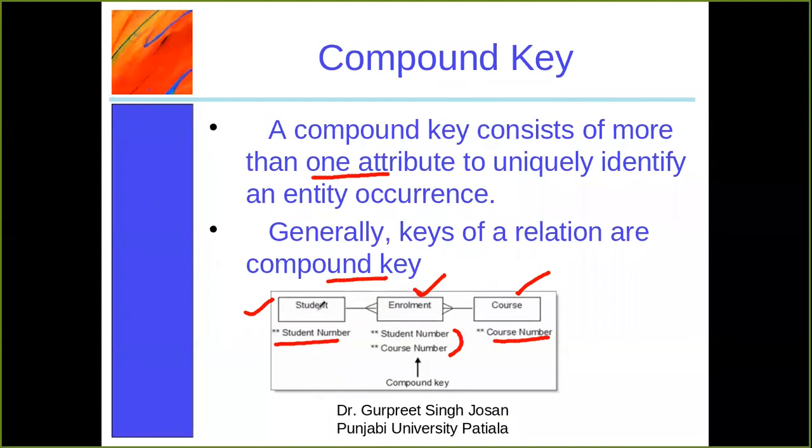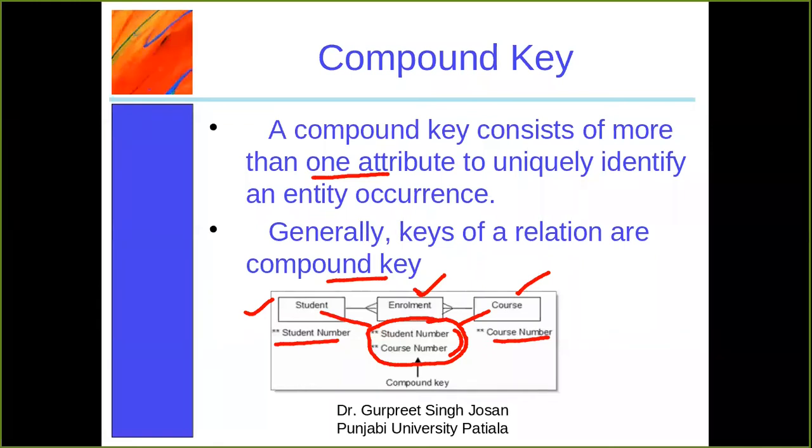We have to combine the column from student as well as from course, and this makes the key of a relationship. So when you create a table for the relationship, you have to use the compound key. You have to combine the keys from the two different entities. These entities are the participating entities in that particular relationship.